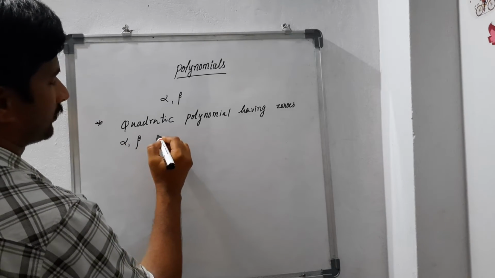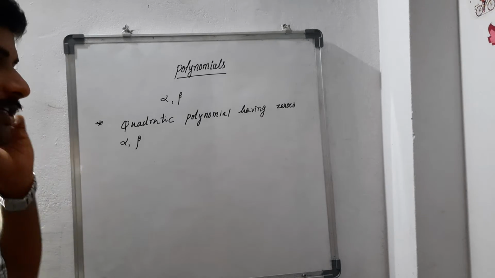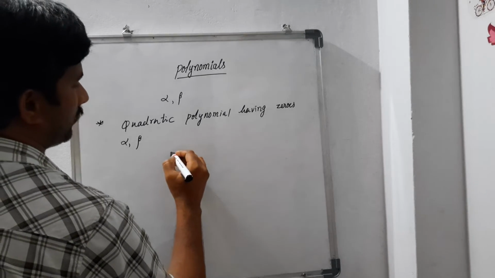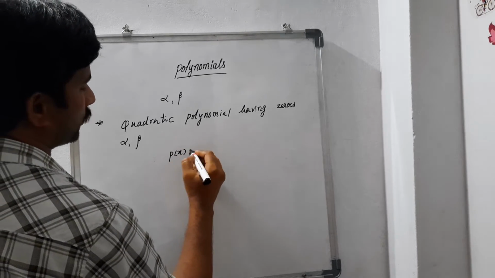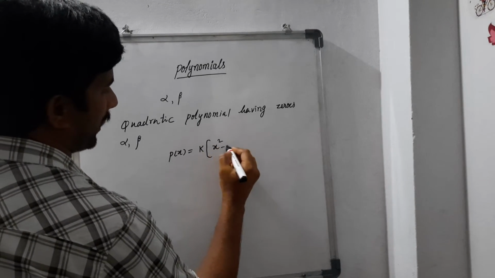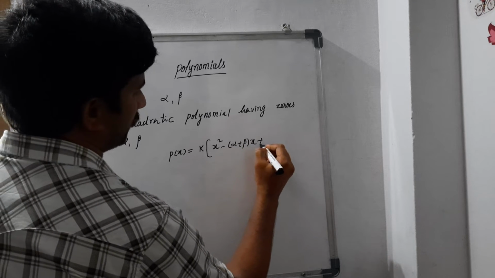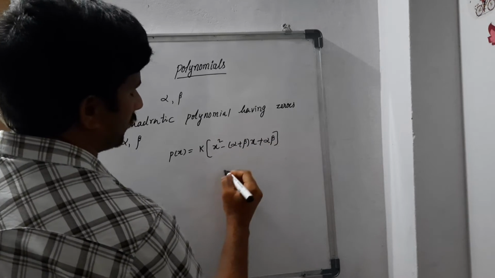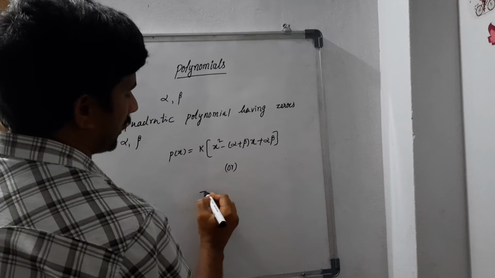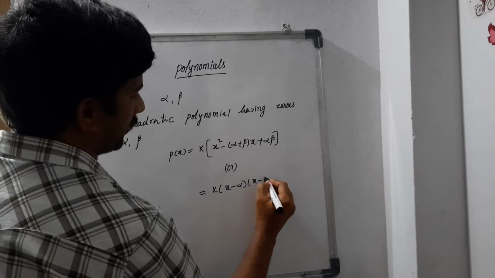The quadratic polynomial having the zeros alpha comma beta is p of x is equal to k into x square minus alpha plus beta into x plus alpha beta. It can also be written as k into x minus alpha into x minus beta.